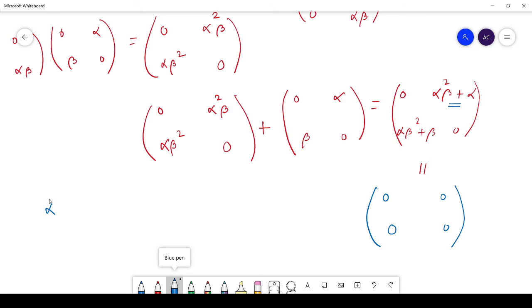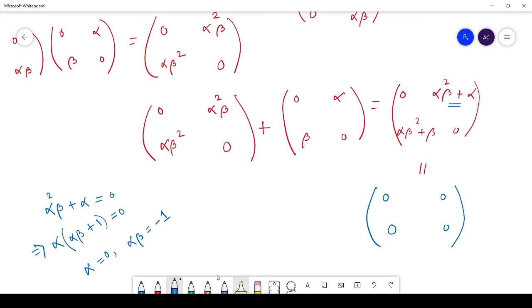If we calculate alpha square beta plus alpha equals 0, and take alpha common here, it would be alpha times (alpha beta plus 1) equals 0. So two options are there: either alpha equals 0 or alpha beta equals minus 1.